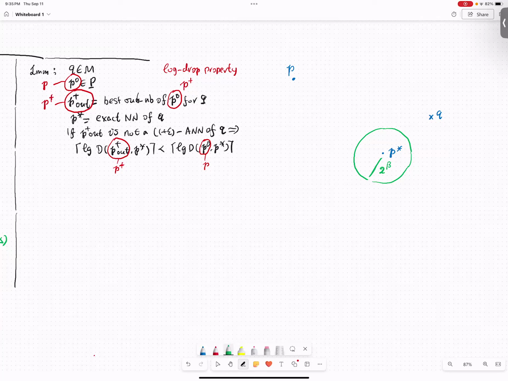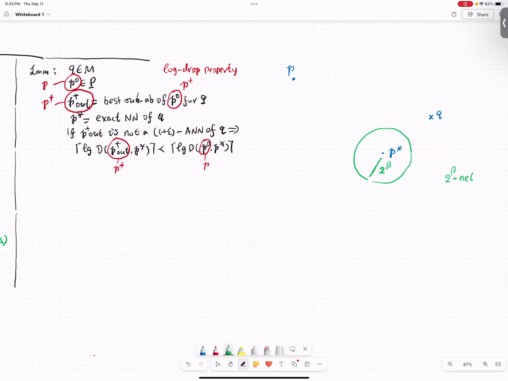Because you should still remember that we computed 1 net, 2 net, 4 net, 8 net, 16 net, and so on. So every value R for which we computed an R-net is a power of 2. Later on, we will choose this power of 2, 2 to the power of beta, very carefully. But we will look at this 2 beta net.